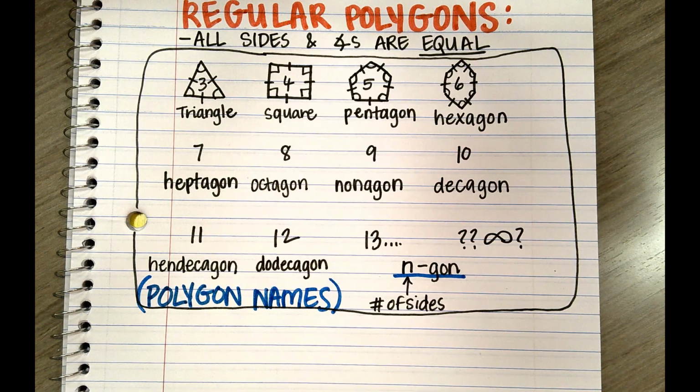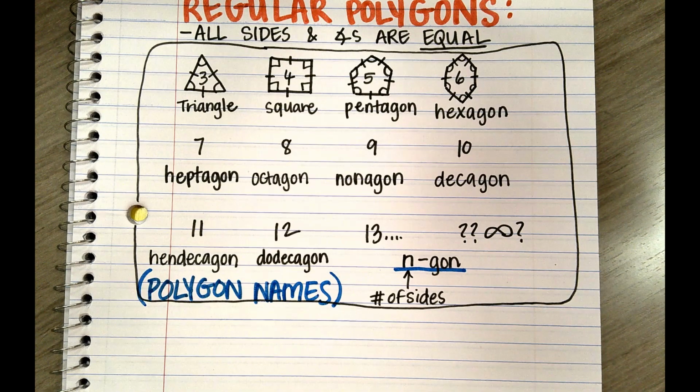So in a regular polygon, in any of these shapes where all of the sides are the same length and all of the angles are the same size, we have some formulas we can use to find different things about these polygons.